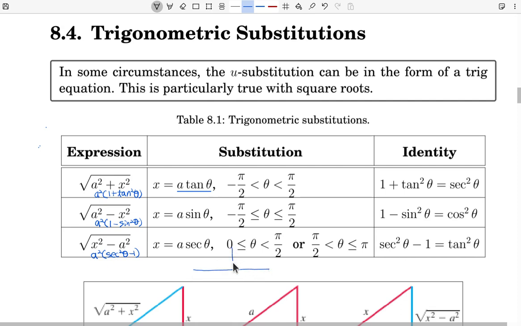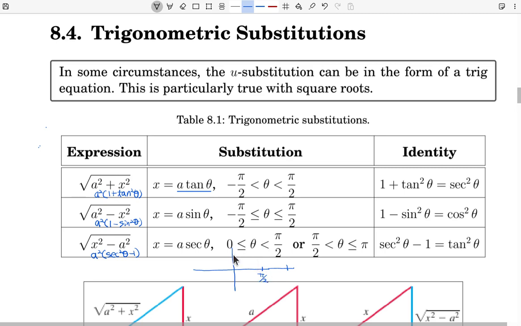Here is the x-axis. Here the center is pi over 2. Just a moment. The software is not stable.